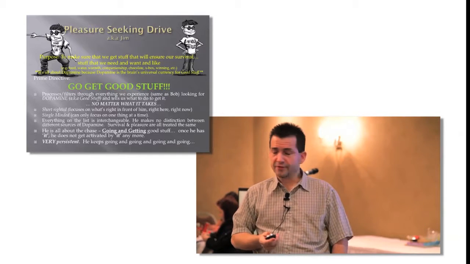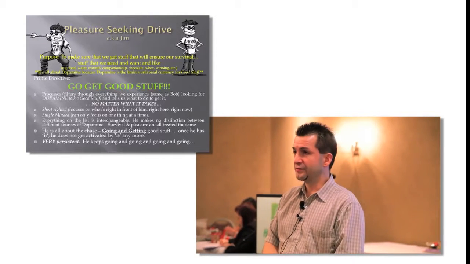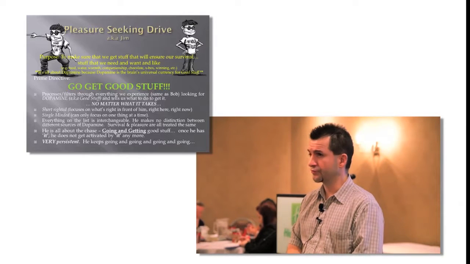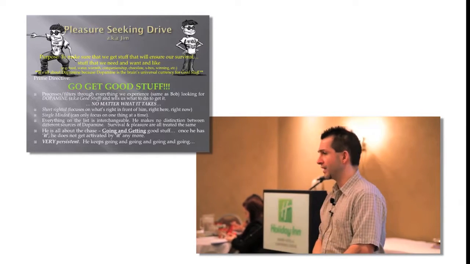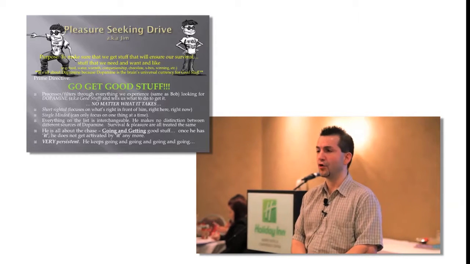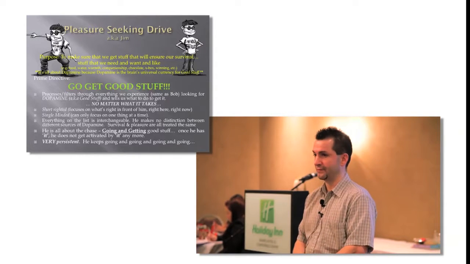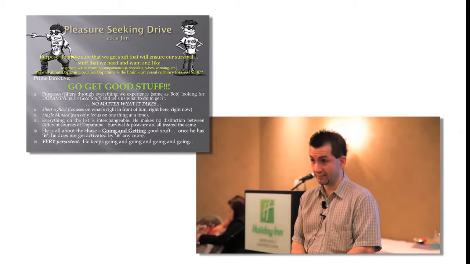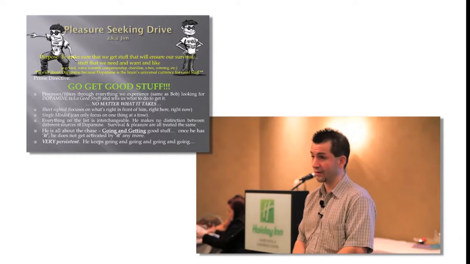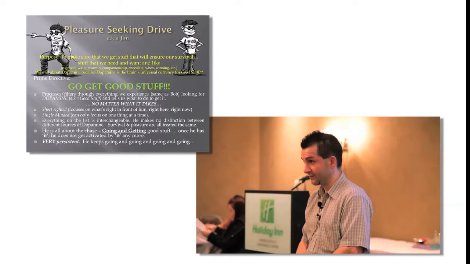The next thing to understand about Jim, and this one isn't quite as intuitive, but it's extremely important to understand. This part of our brain is designed to make us go get stuff. It cares about what it doesn't have. It does not care about what it has.